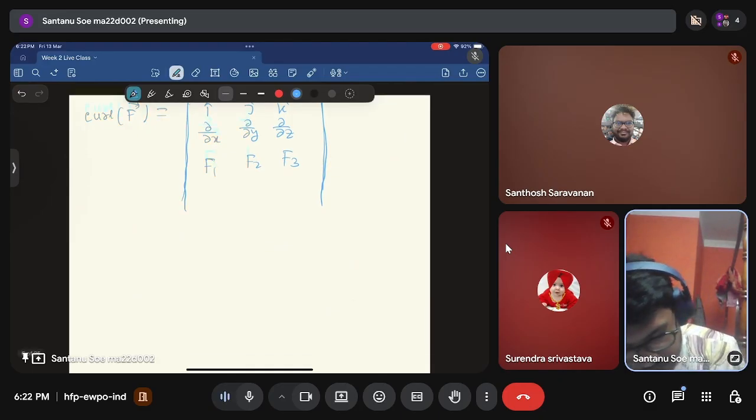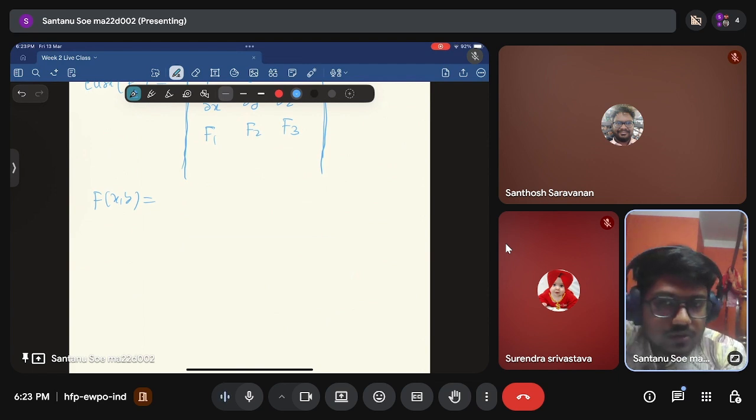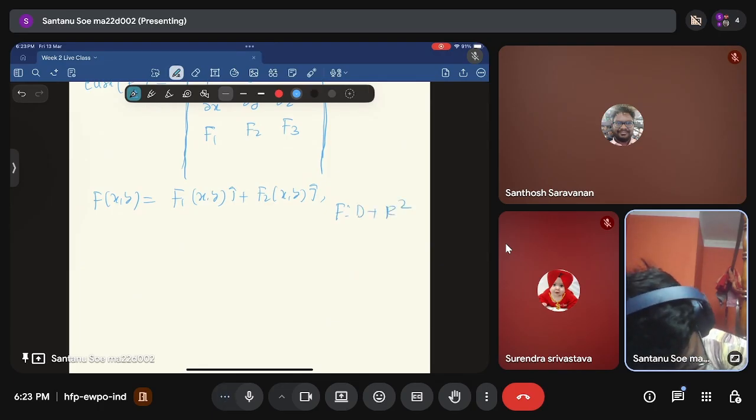Now in case f is a vector field of dimension 2, like f is a vector field from D subset of R2 to R2, where D is a simply connected domain, it is written like this: f1 of xy i cap plus f2 of xy j cap.